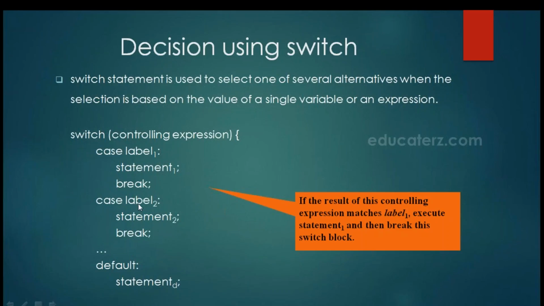If no case is matched, then it directly goes to the default section and executes the default body. This default is also not mandatory. If no case is matched and default is also not given, then it will not do anything, and it will continue with whatever statement we have after the switch.